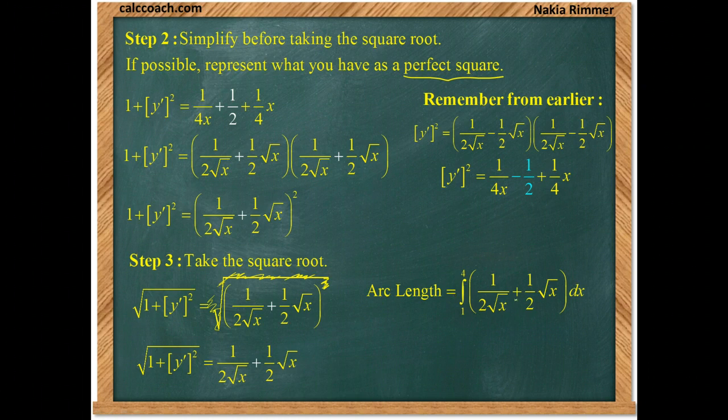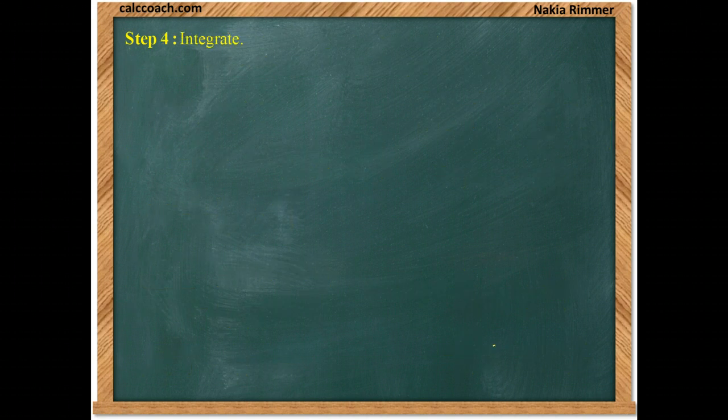And we need to integrate this. These roots give us no use unless we write them as fractional powers. So we have 1/2 x to the negative 1/2 and 1/2 x to the positive 1/2. These are added together. Now let's go to the final slide and execute the integration.